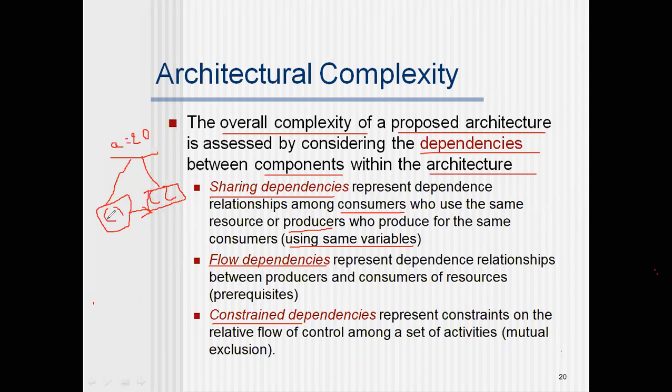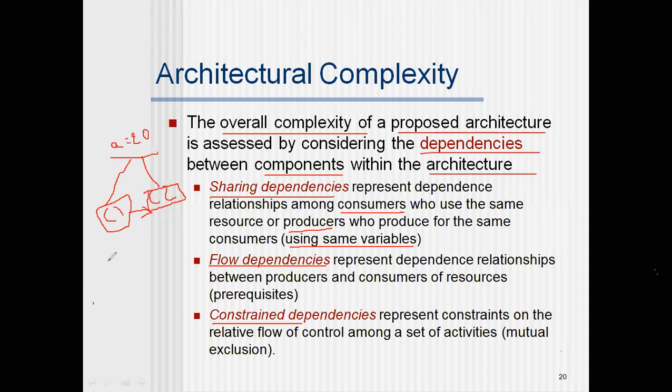Without the C1 output, it can't execute. In such a case, we can't execute C1 and C2 in parallel, isn't it? This kind of situation is called constrained dependencies here.